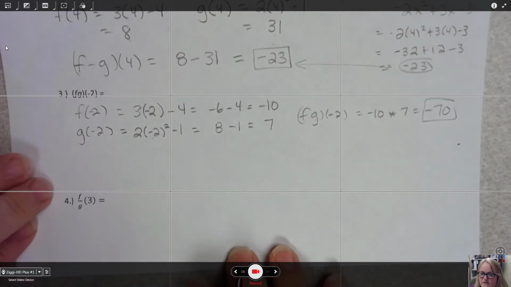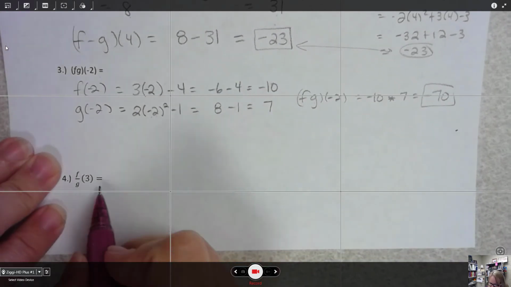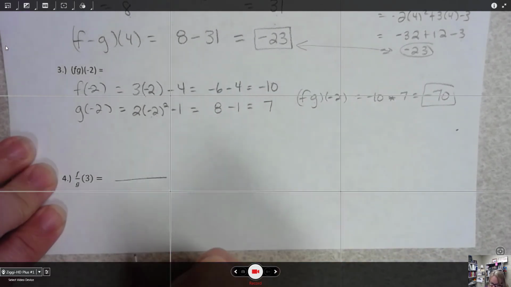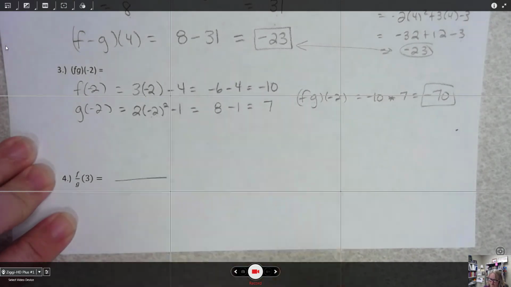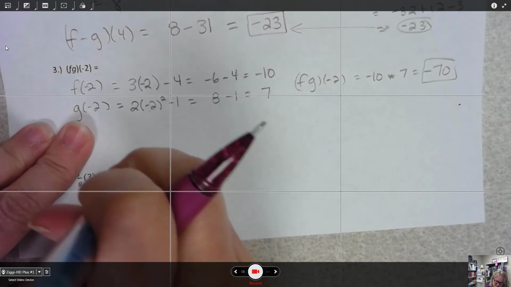Lastly, I want to find f divided by g of 3. Sometimes it's easier to do it the way I've been doing it.